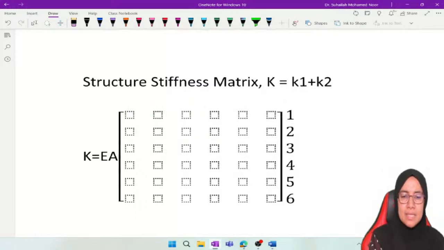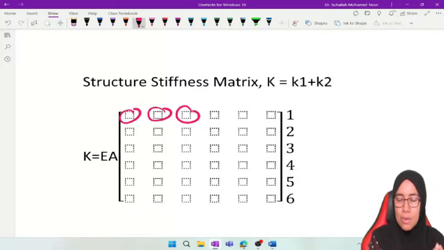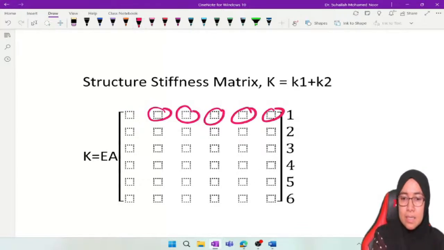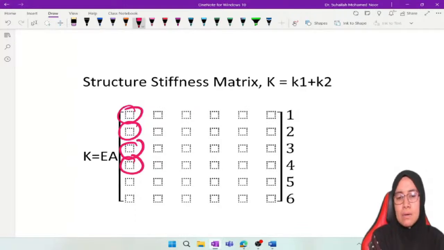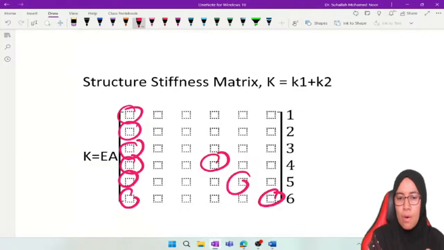Okay, this is 1,1 in the matrix, right? 1,1, 1,2, 1,3, 1,4, 1,5, 1,6. Remember the matrix? This is 6,6. This is 5,5, 4,4, 3,3, 2,2.